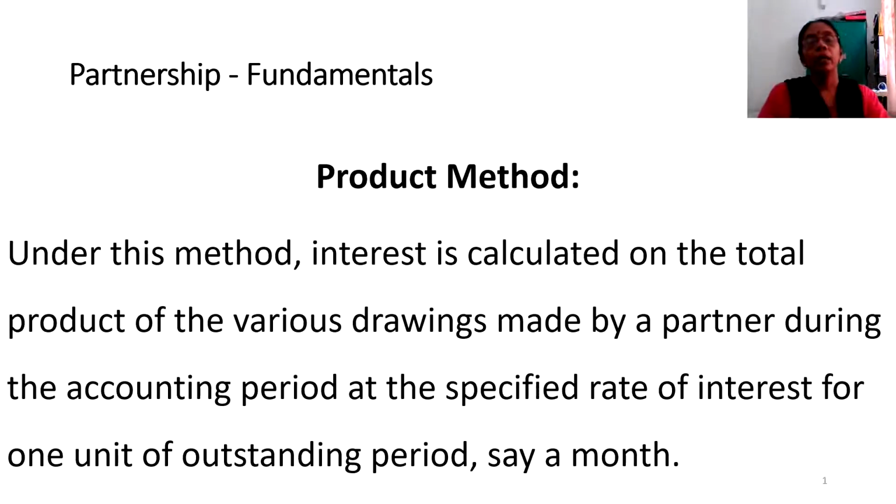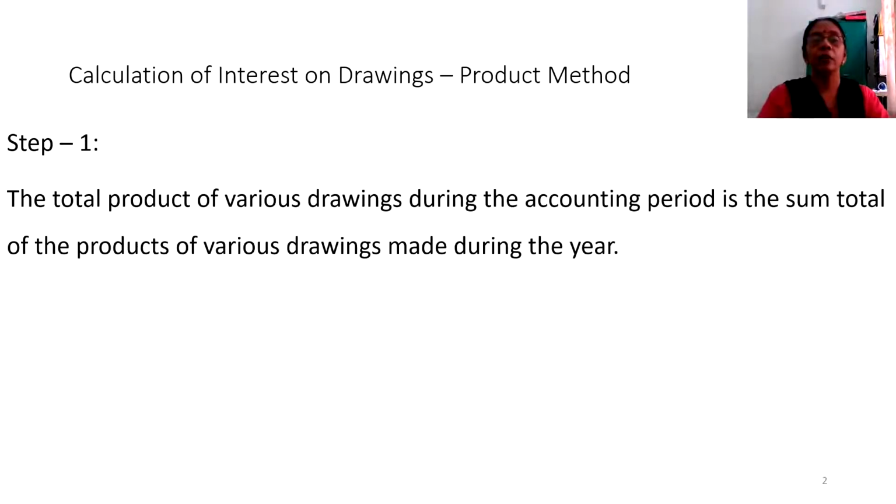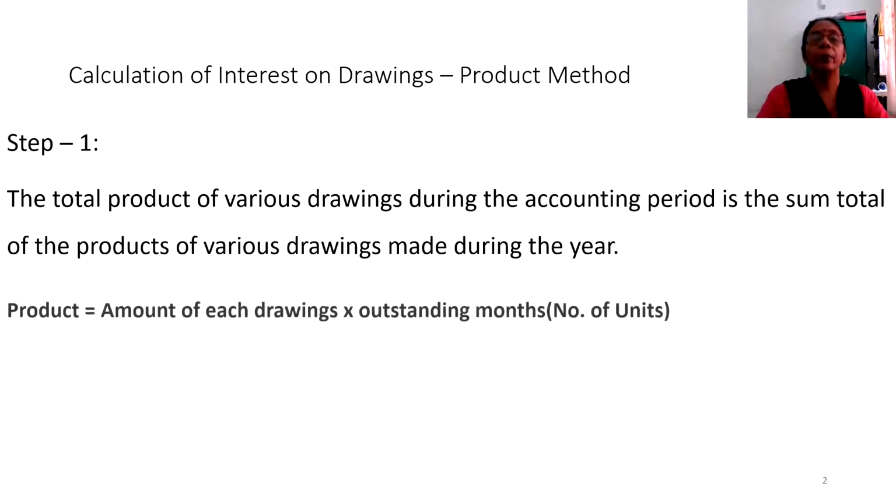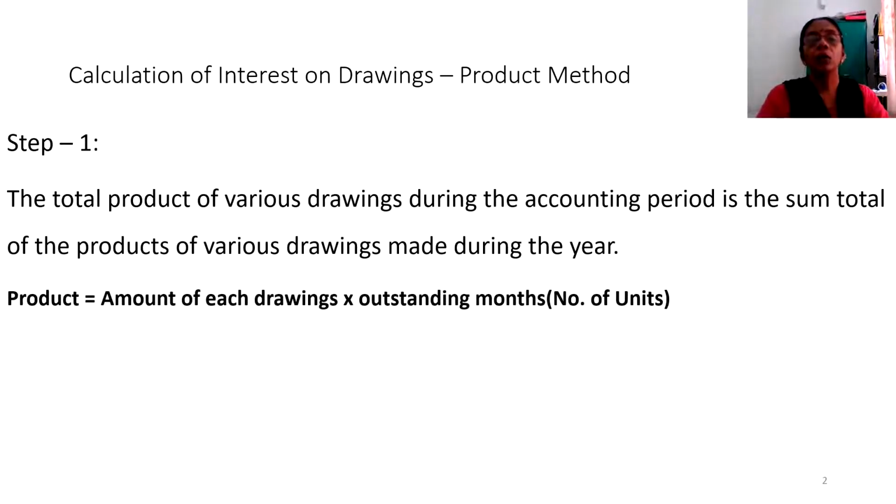So keeping this point in consideration, we will proceed to recap the computation of IOD under the product method. Under this method, we follow a two-step procedure. The first step insists on the computation of the product. The product would be given by the amount of each withdrawal into the outstanding period.